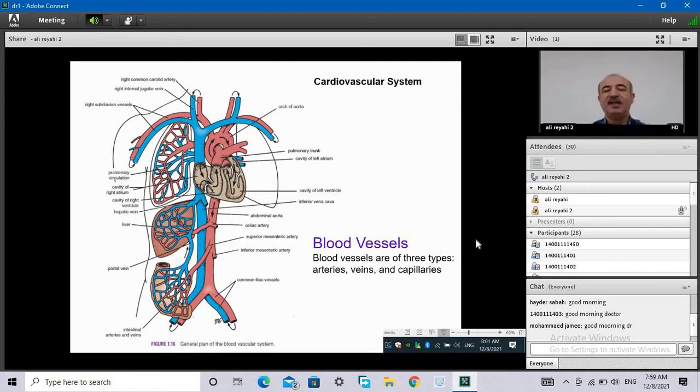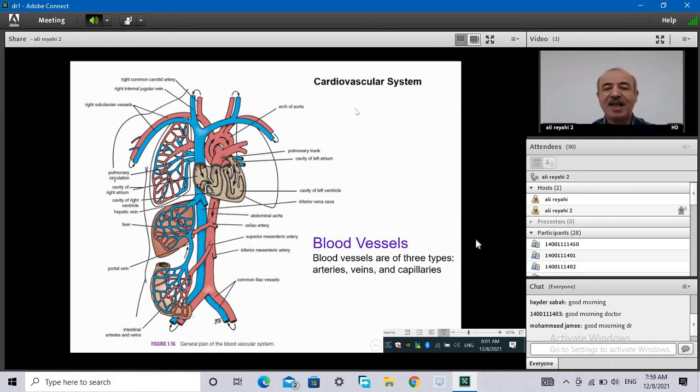After we review the muscular system, the other system in our body is called the cardiovascular system. Cardio indicates the heart, and vascular means the vessels.